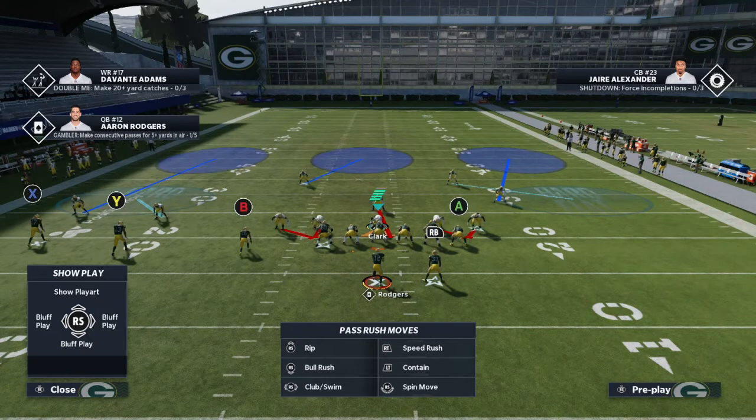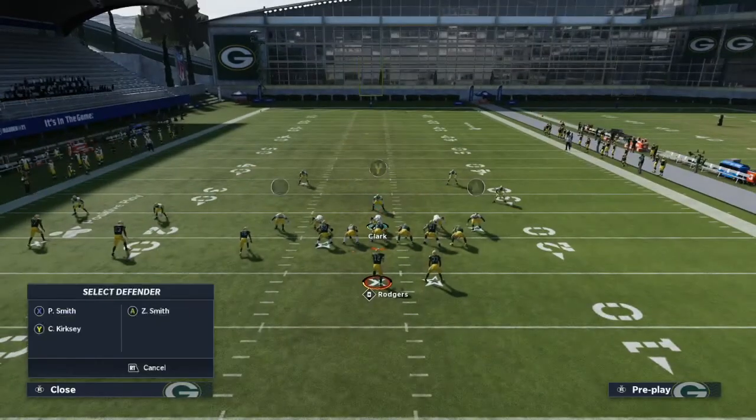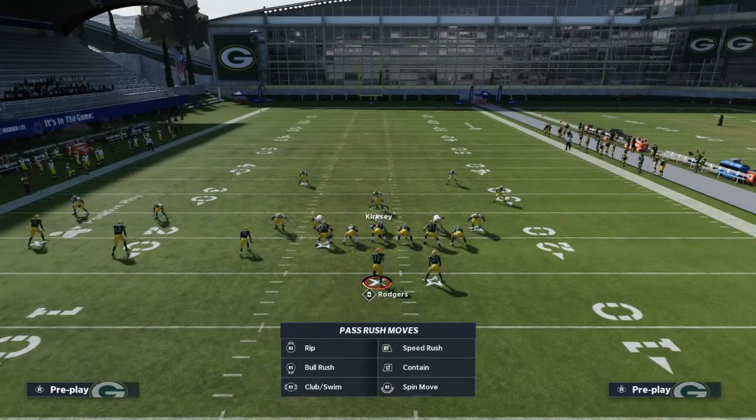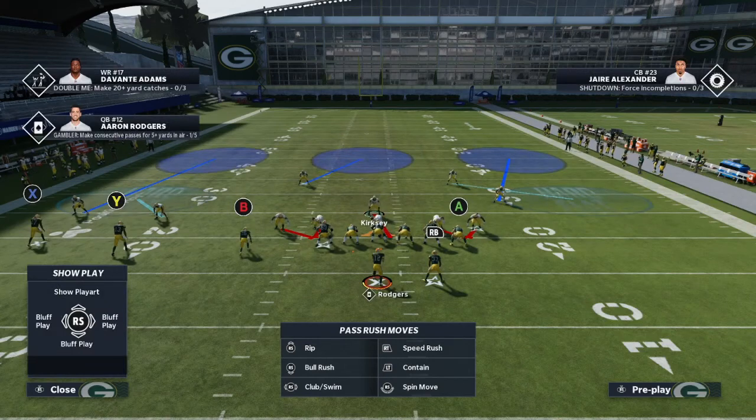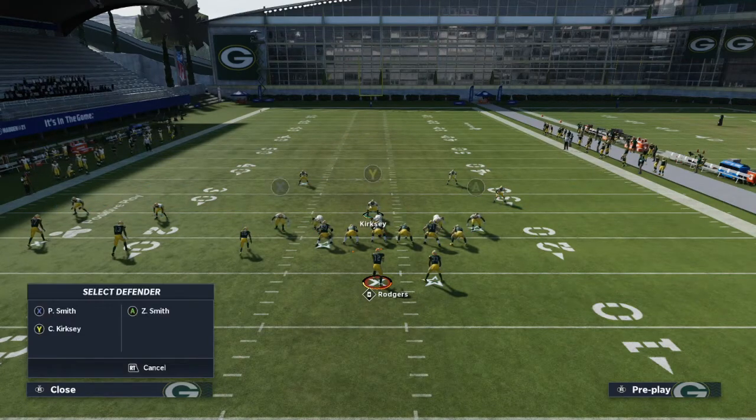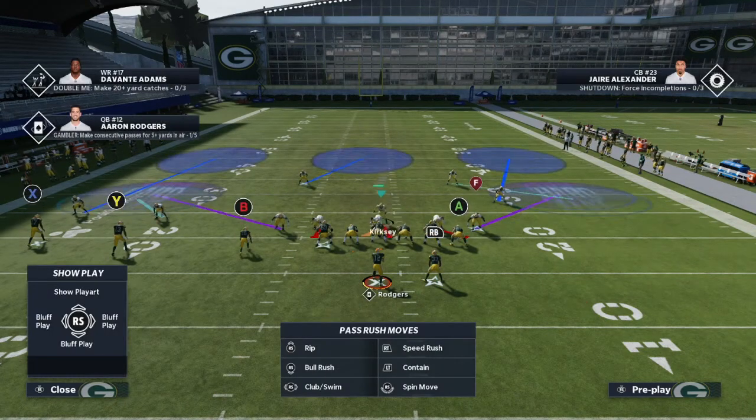So it's important to have those flood concepts going on either sideline. Make them feel like they have to do something like this, where they have to have 2 sideline defenders to guard your route concepts. So this is why we have the 5-yard purples, so that we can guard the underneath options as well.